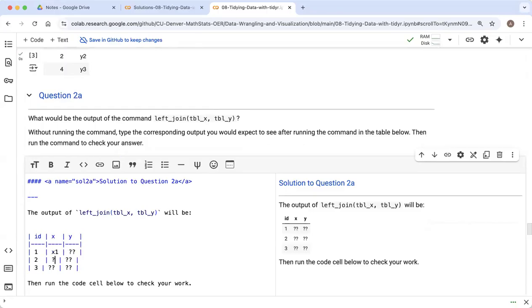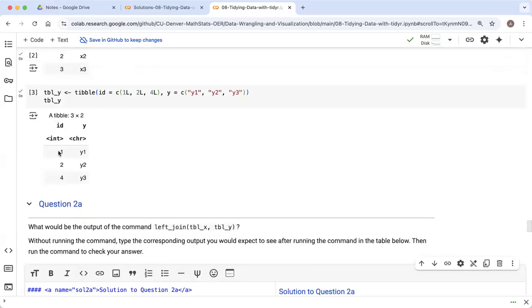So I'm just going to enter those first, because it picks the table on the left, which is X. And then it's going to pull off column Y from the table that's on the right. It's going to say, okay, there was a matching ID for 1, so I'm going to pull off the Y value there. There was a matching row that had an ID of 2.